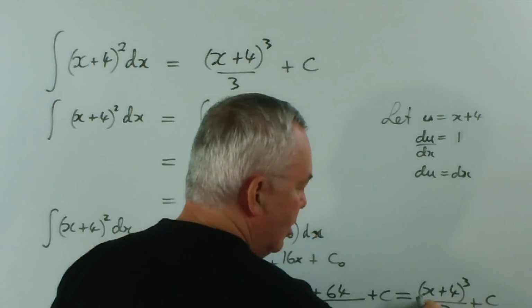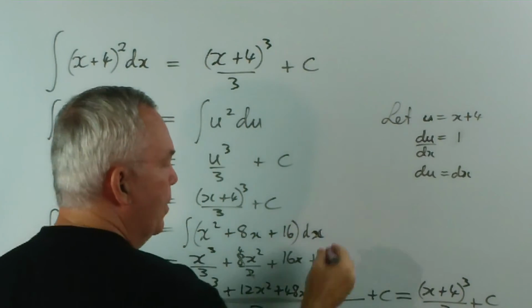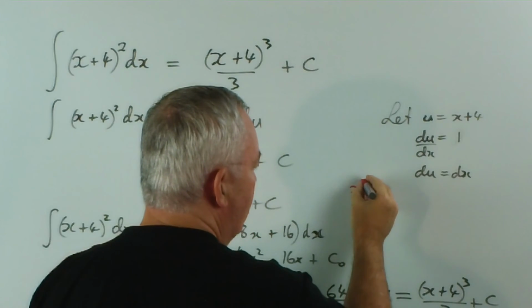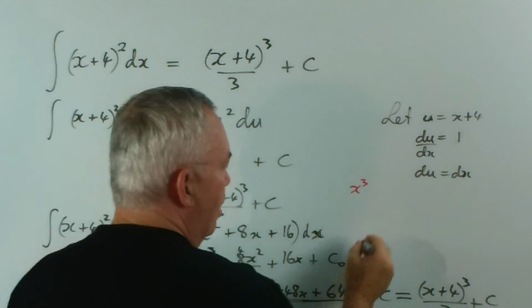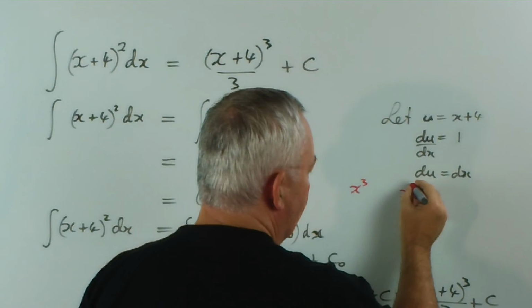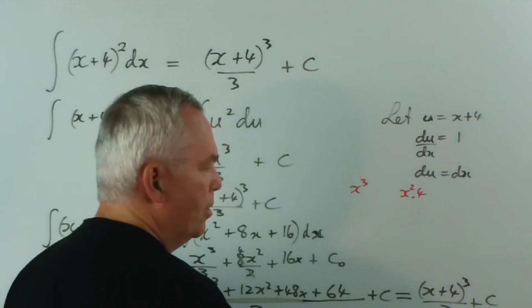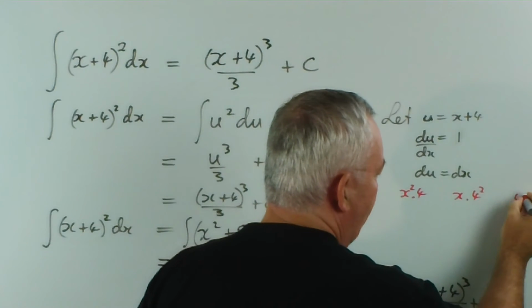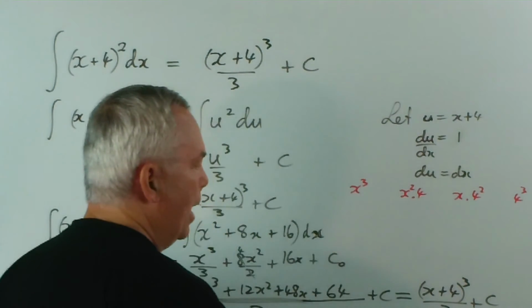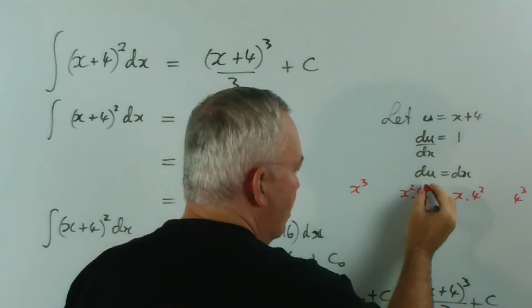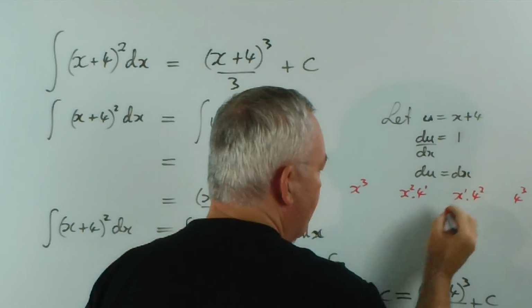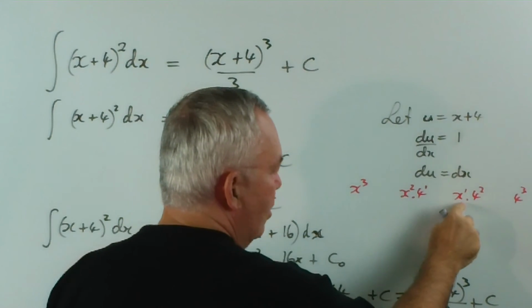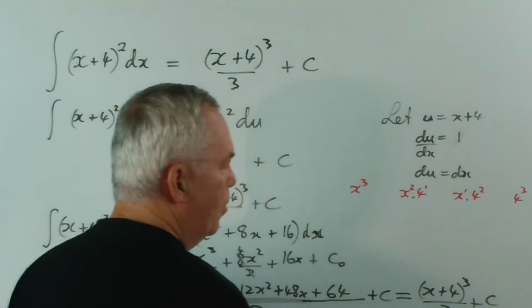When we're expanding x plus 4 cubed, we're going to get x cubed as the first term, then we're going to get an x squared times 4 as the next term, then an x times 4 squared, and then a 4 cubed. That's going to be the pattern. If I write the powers in, you'll see we get an x cubed, then this power drops by 1, this rises by 1, drops again, rises, and so forth.